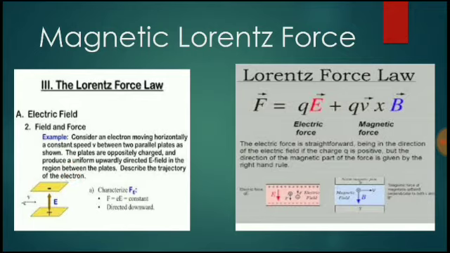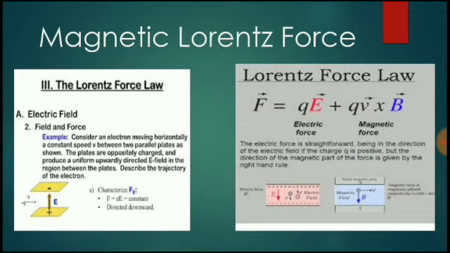Now this side also, the same Lorentz force law: F is equal to QE, where E is the electric field, plus QV, where Q is the charge and V is the velocity, into B. So the force is the sum of the electric force and the magnetic force.